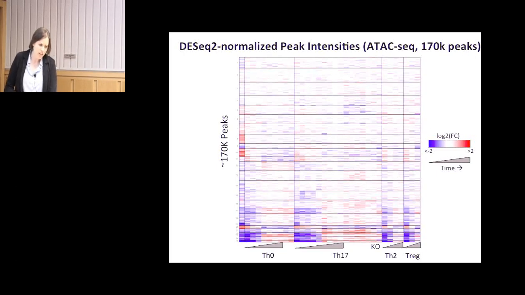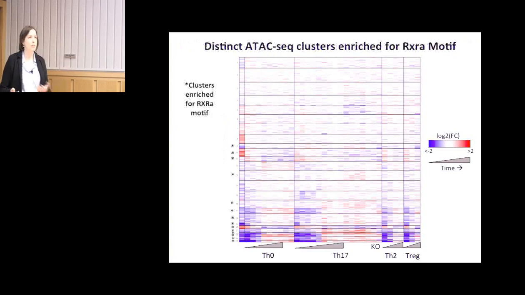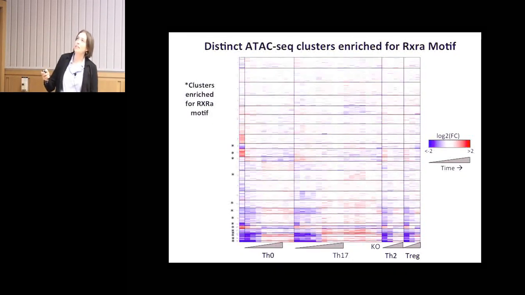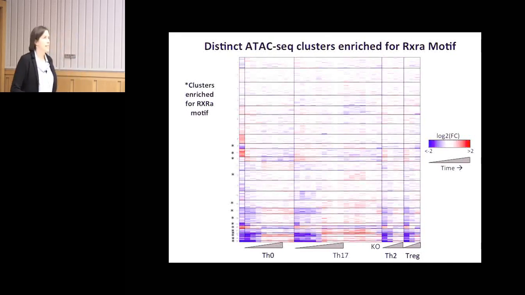And here I've just picked a random transcription factor that's expressed in Th17 cells, RXR alpha. All of these clusters are enriched for the RXR alpha motif.